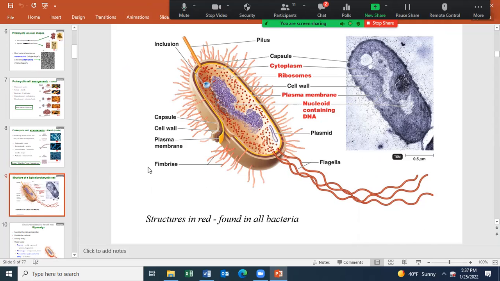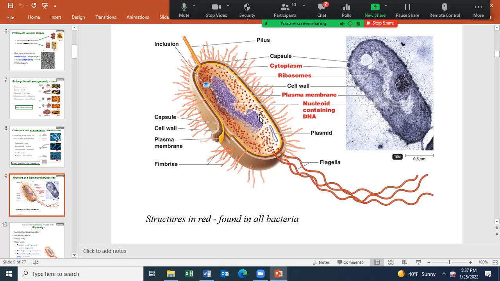All right, so let's talk about some parts of the bacteria cell. All bacteria, and actually all cells, have the structures shown in red: cytoplasm, ribosomes, plasma membrane, and bacteria have a nucleoid region. In eukaryotes, we have the nucleus.